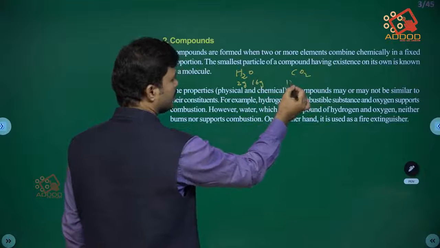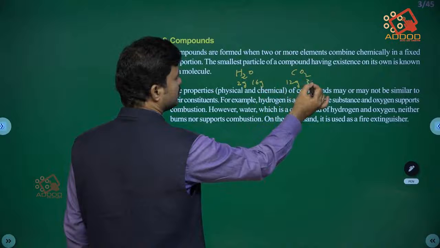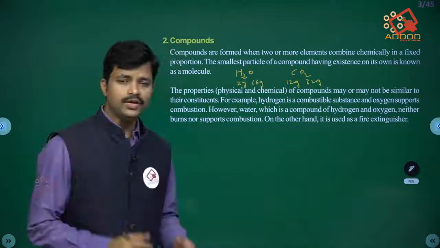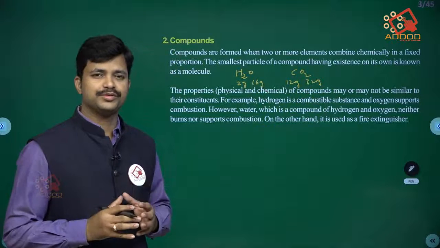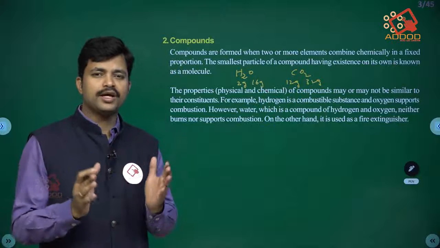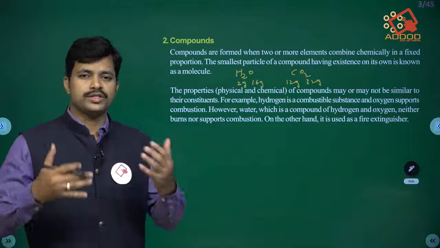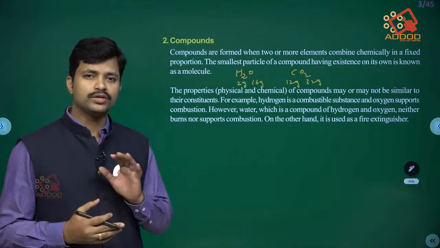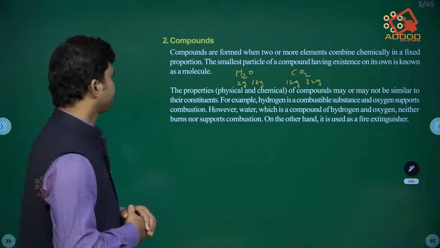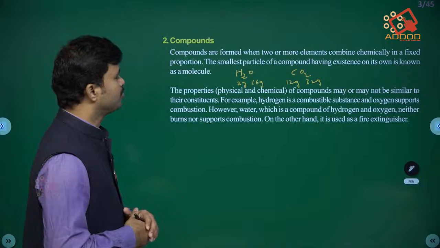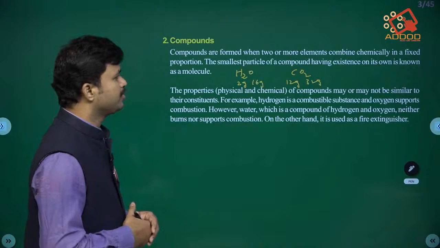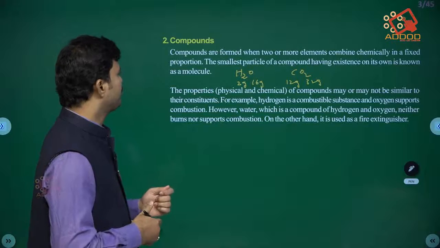Carbon dioxide: carbon 12 grams, oxygen 32 grams. It is a fixed proportion. When we break a compound, we get the elements it is made up of. That is what a compound is. Compounds are formed when 2 or more elements combine chemically in a fixed proportion.